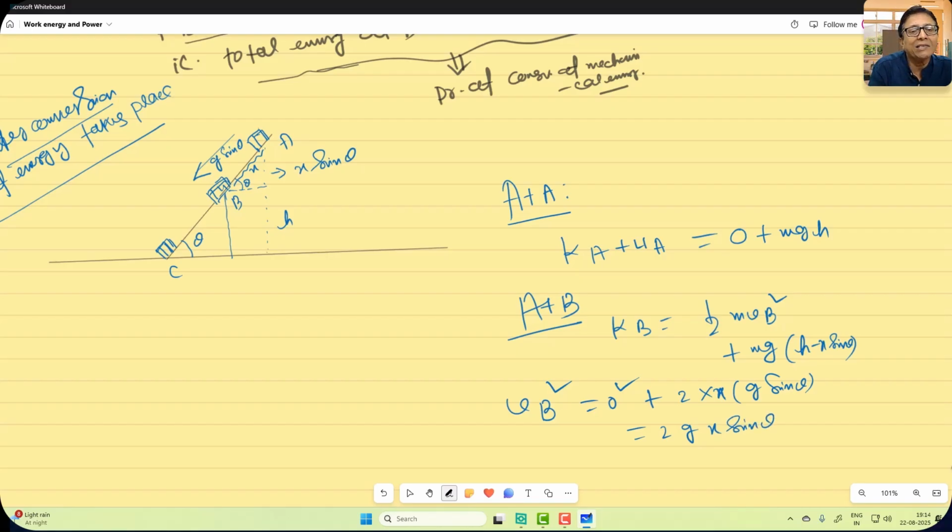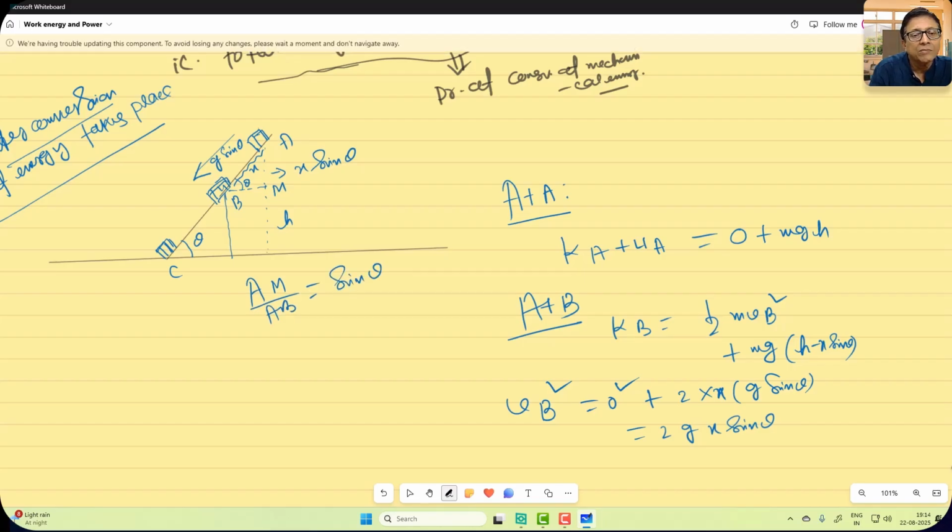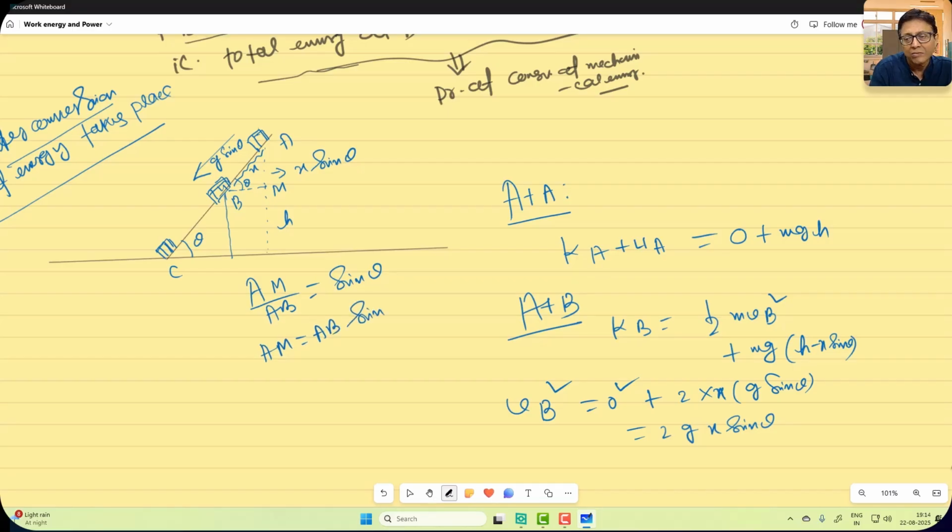How to get x sin theta? Let this point be M. AM by AB equals sin theta. Okay? AM by AB equals sin theta. So AM is going to be AB sin theta, that is x sin theta.